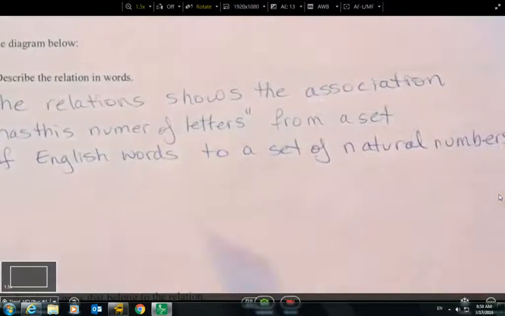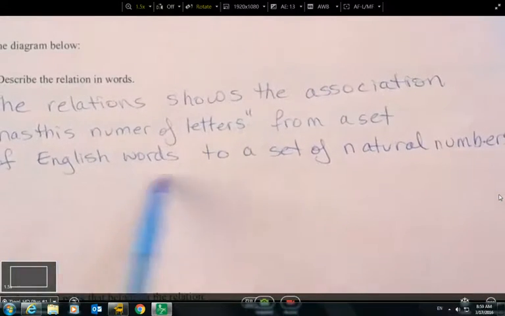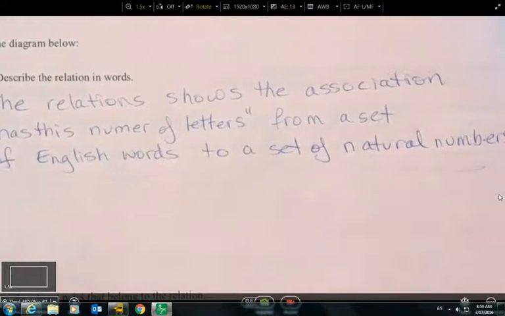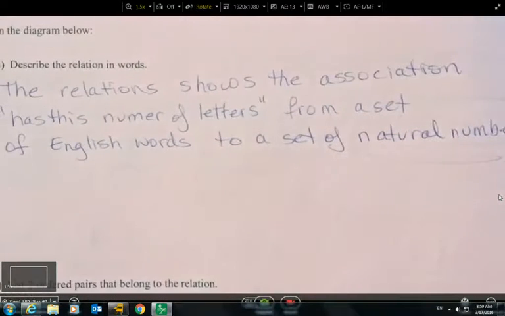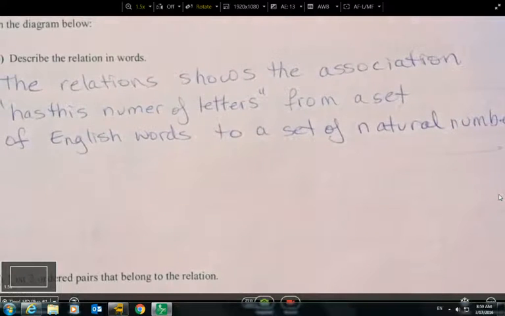All right. So this is the first oval and this is the second oval, and you're just showing that there's an association between the two.